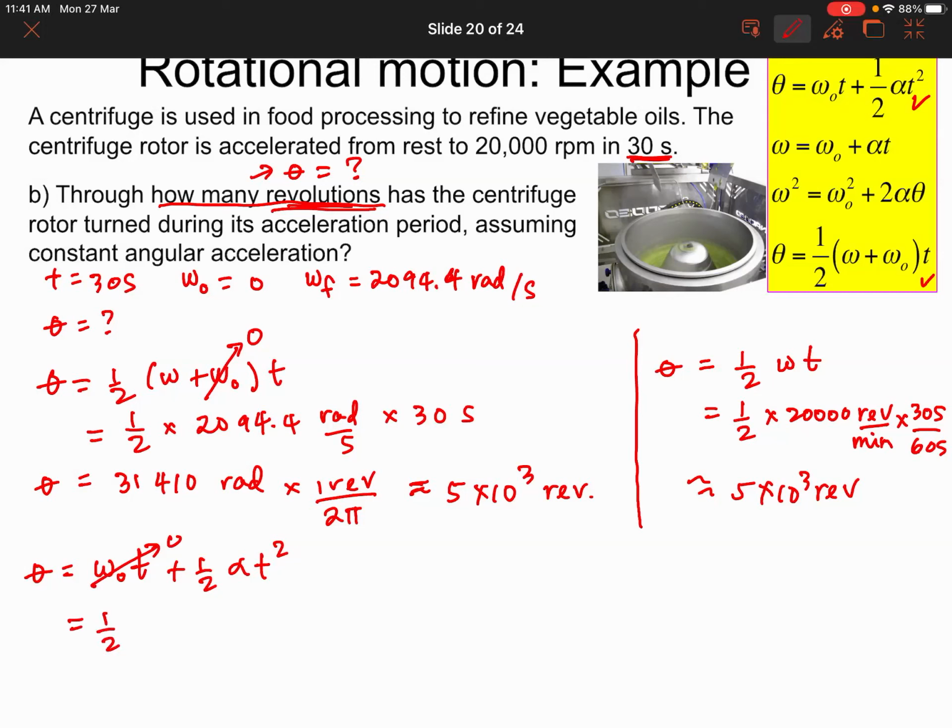You'll have 1/2 times the alpha that we found from before, around 70 radians per second squared, times 30 seconds squared.